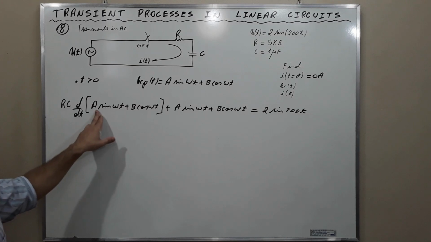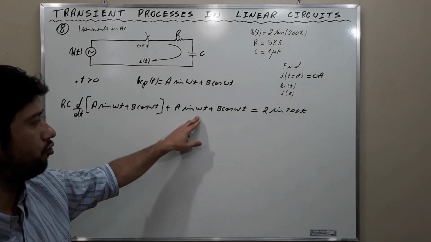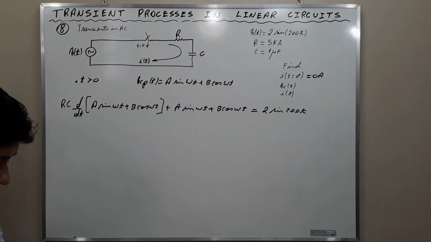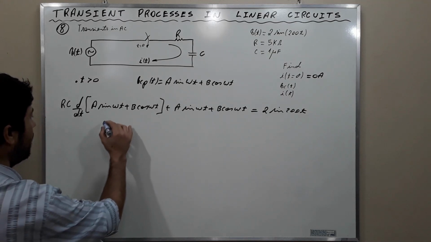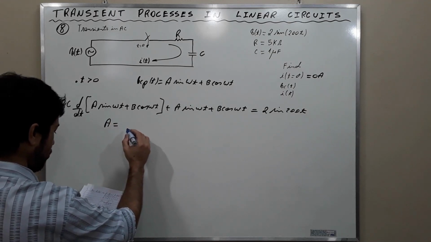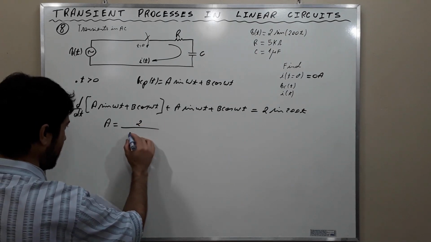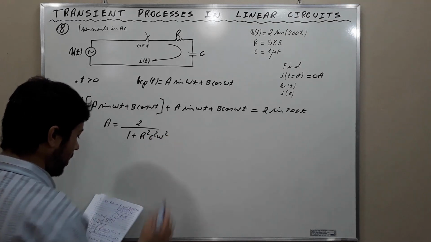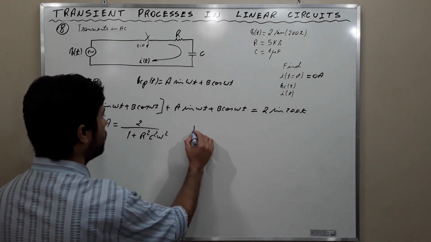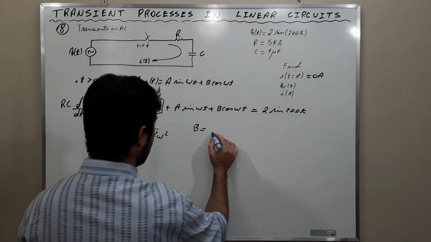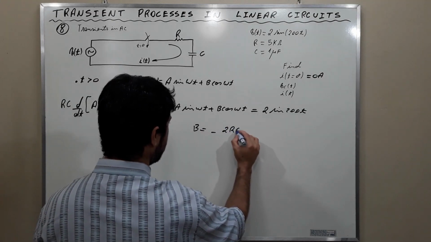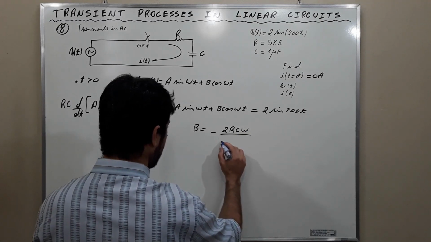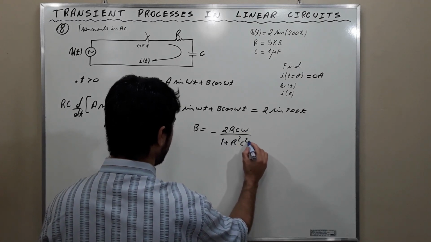And if we take the derivative of this term and add to this, we find that A is equal to 2 divided by 1 plus R squared C squared W squared, and B is equal to minus 2RCW divided by 1 plus R squared C squared W squared.